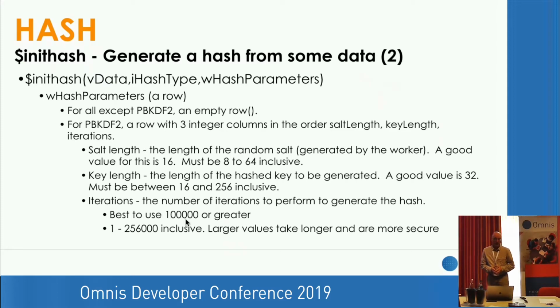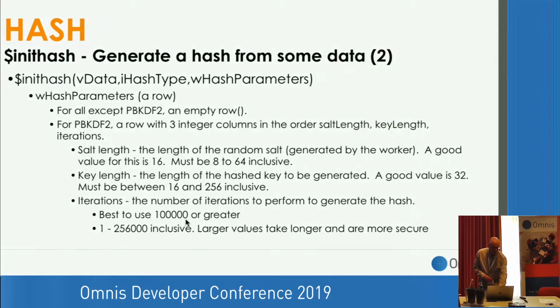The length of the key to generate, and the number of iterations of the PBKDF2 algorithm to use when generating the hash. From what I can find looking online, 100,000 is a good number for this. It'll take a second or two to generate the hash, but the larger the value you use, the more secure the hash is considered to be.